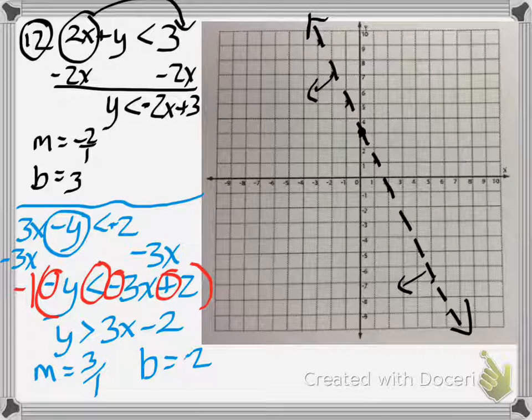Is this going to be a solid or dashed line? Dashed. And so I start at that negative 2, and then I rise 3, right 1, fall 3, left 1, and then draw in your dashed line.